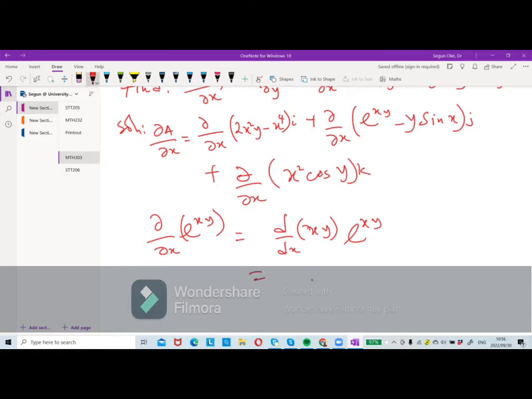So the answer will be what? That would be y exponential xy. That's all. Because when you differentiate x, x will be 1, 1 multiplied by y. But assuming this one is raised to power 2, you differentiate this one, it will now be 2xy. But now it's not 2, it's just ordinary y. I'm just using this period to explain it. If this one changes to y now, this one will be what? x. Are you following me? Yes, sir. Okay.